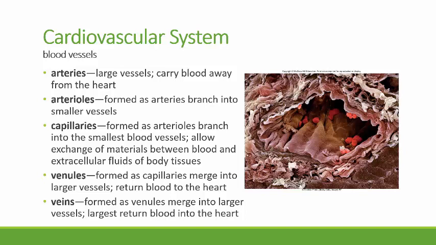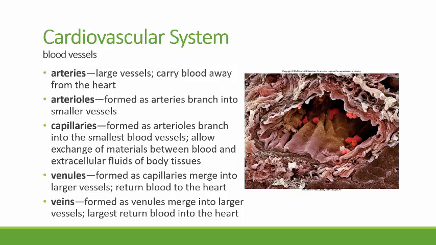And arteries, as they get further and further from the heart, branch more and more, and the branches get smaller, and the characteristics of the wall of the artery begin to change. It gets thinner and begins to lose some of the structure that it had when it was an artery. And we will eventually refer to these smaller, slightly different structured blood vessels as arterioles.